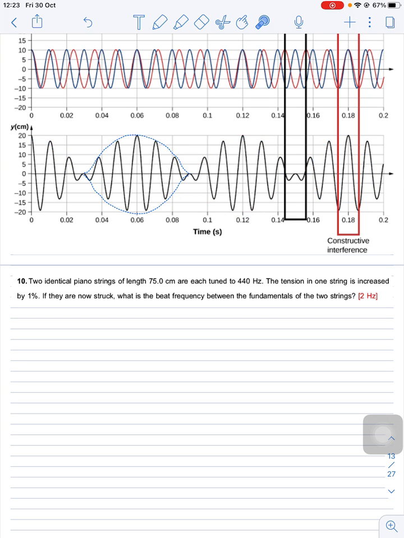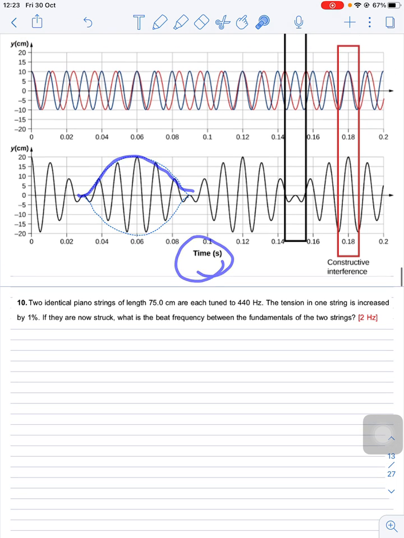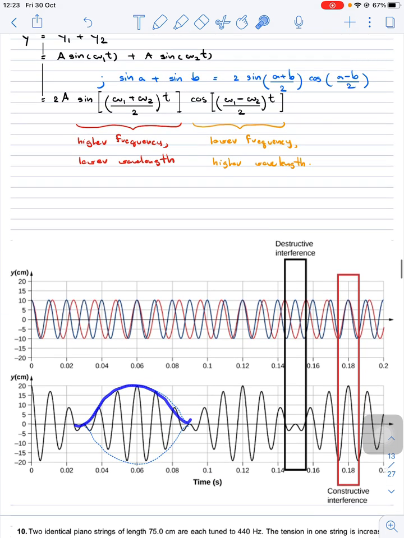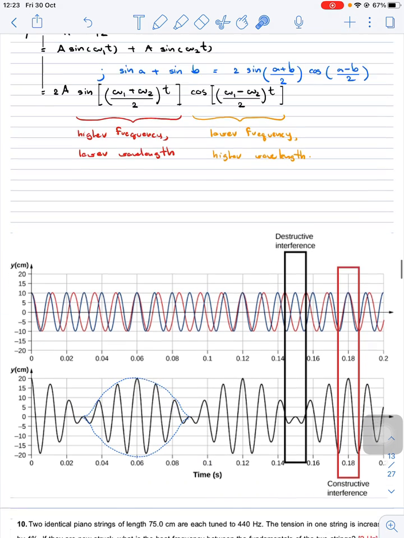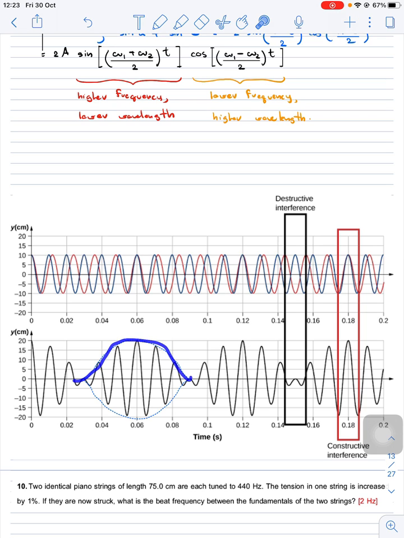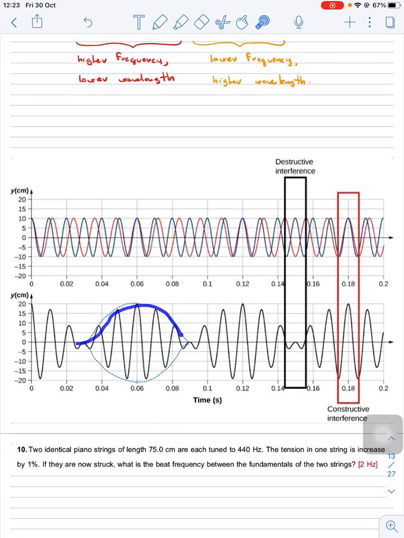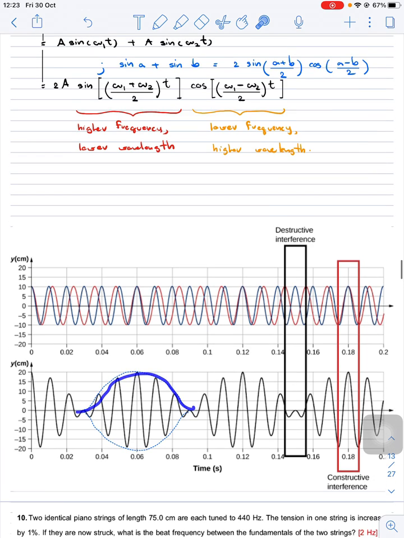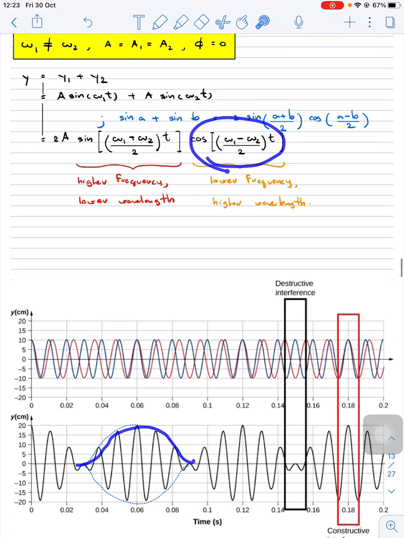So what does it mean? Right now the horizontal axis is time. So this envelope is going to contribute for the terms with the lower frequency, which is this term.